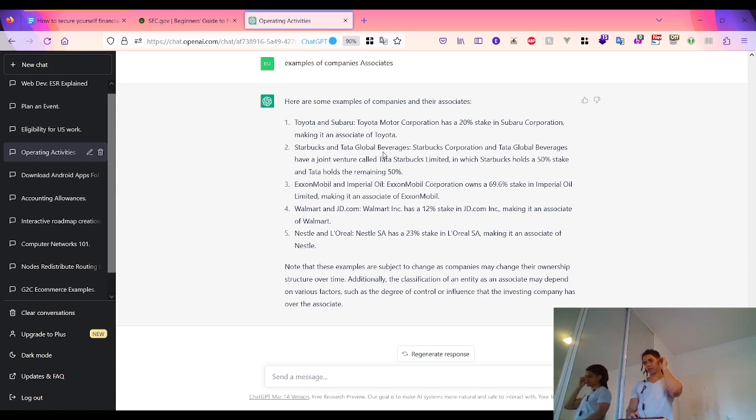Starbucks and Tata Global Beverage have a joint venture called Tata Starbucks Limited, in which Starbucks holds a 50% stake and Tata holds the 50% remainder.